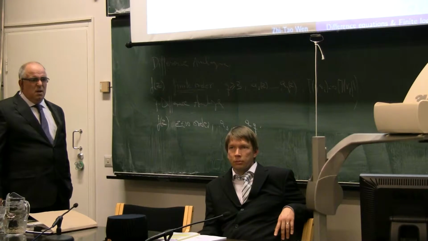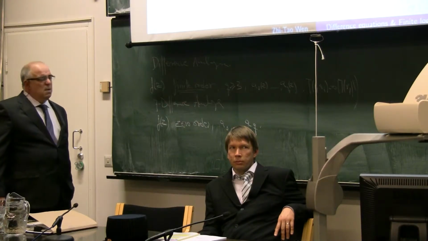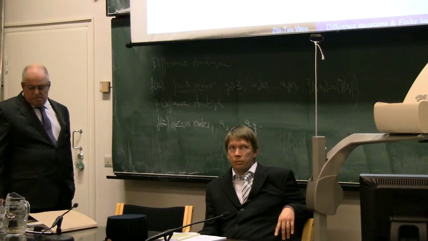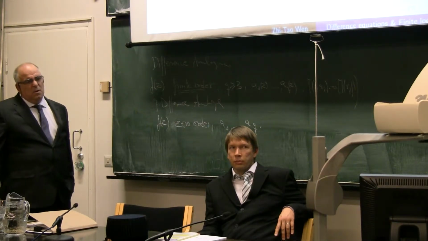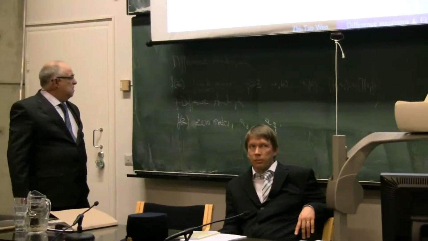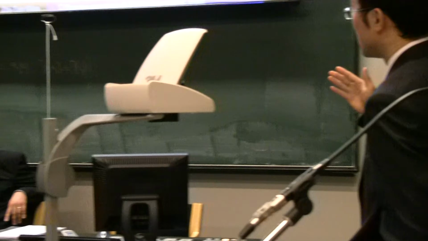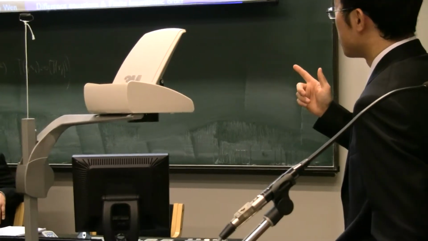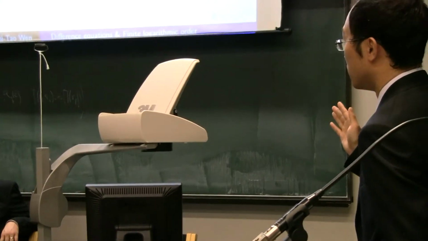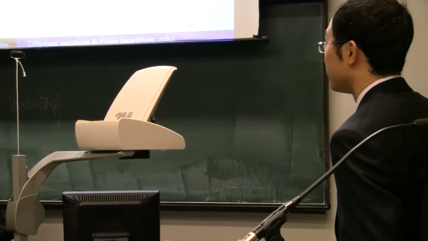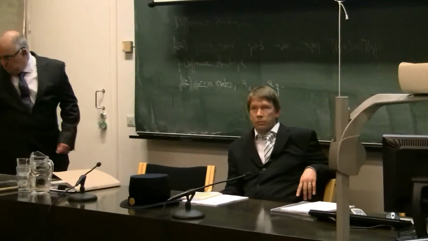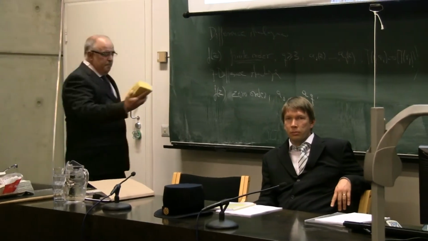For the difference case, that means the shift case, the lemma works for finite logarithmic order. And for the q-difference case, the lemma only works for the zero order case. That's why this assumption is different. And here is exactly the example to show that the zero order and the finite logarithmic order cannot be deleted. Okay, so let's go to the papers.